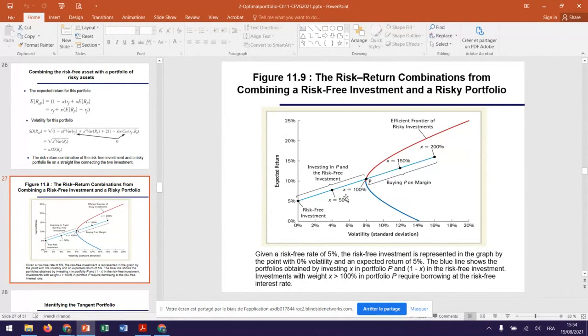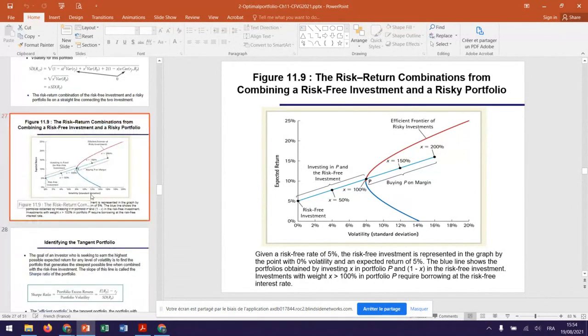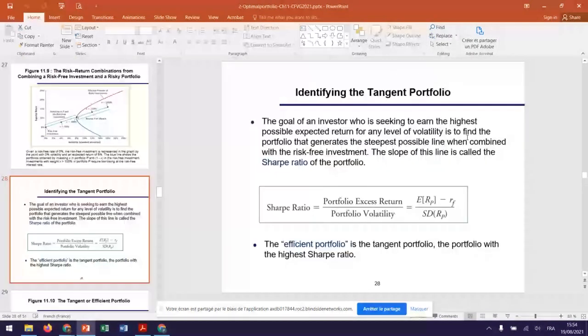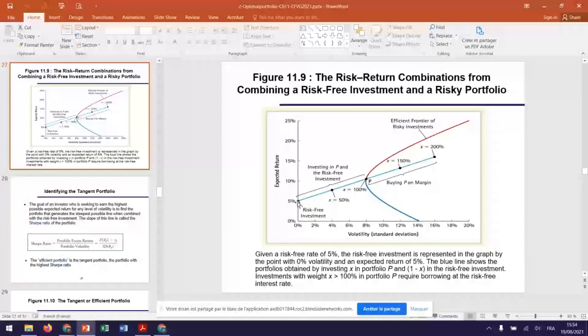So far so good. Now let's define what we call the tangent portfolio. What is the tangent portfolio? Since an investor is seeking to earn the highest possible expected return at any level of volatility, what the investor is interested in is finding the highest slope of this line.